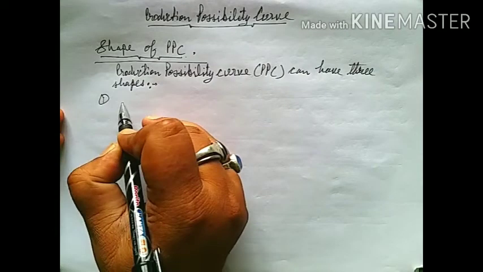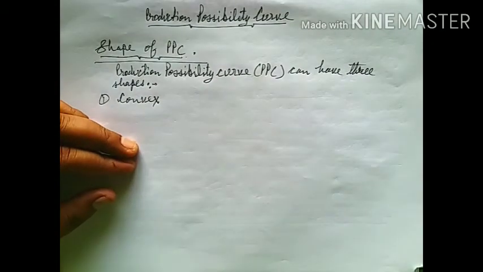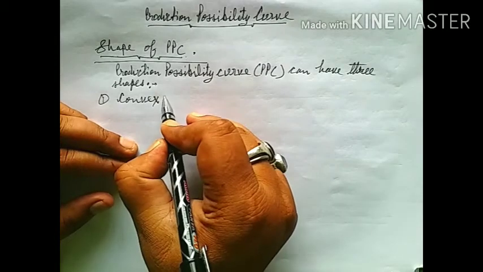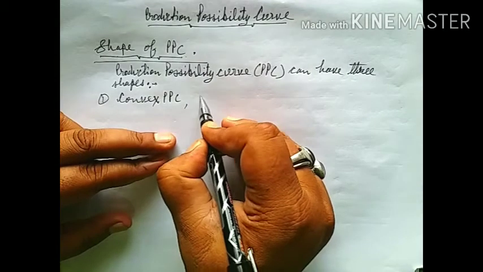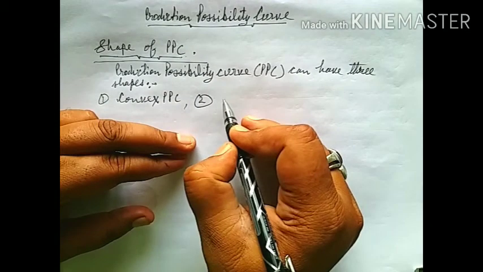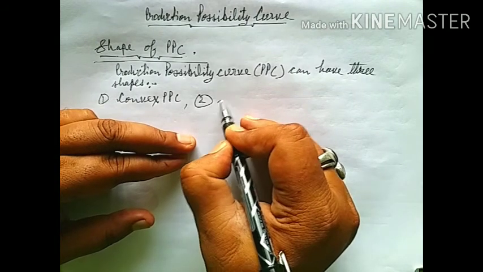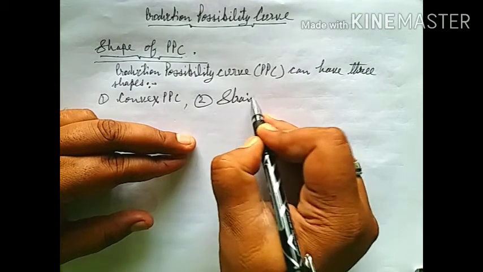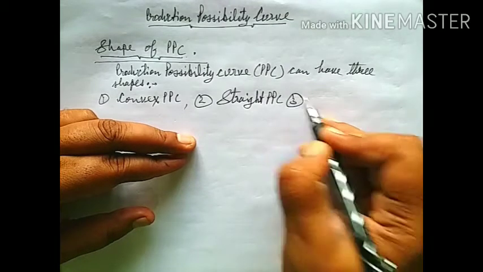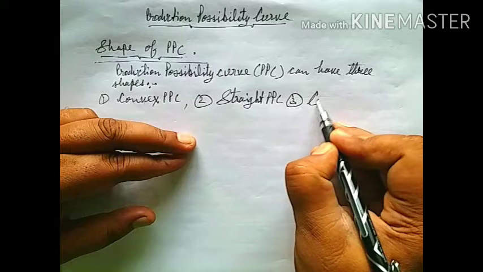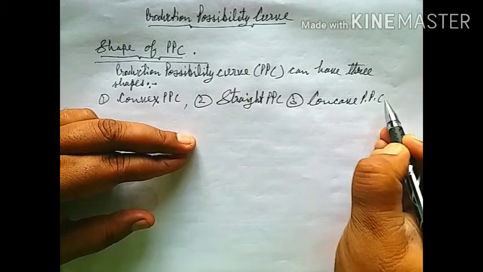Number one is convex PPC. Number two, straight production possibility curve, and number three is concave production possibility curve.